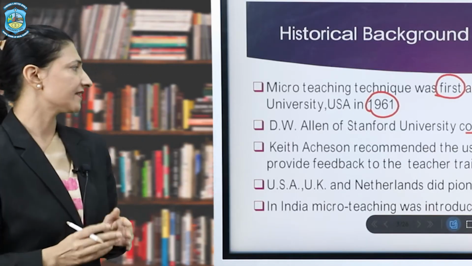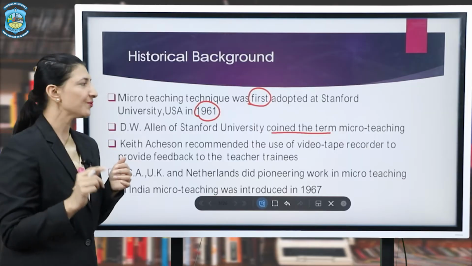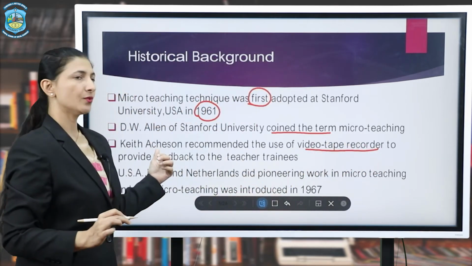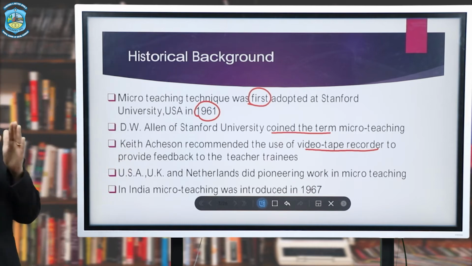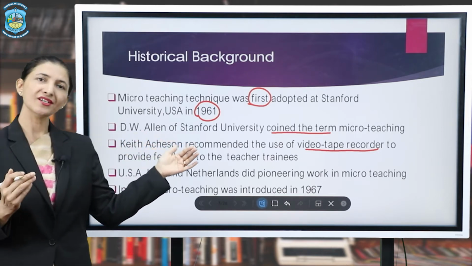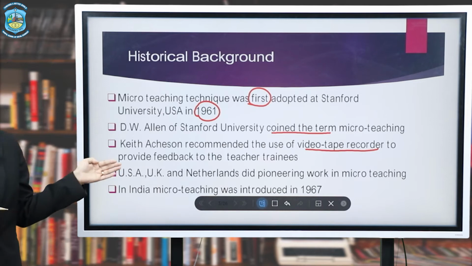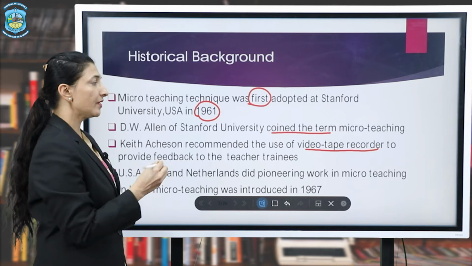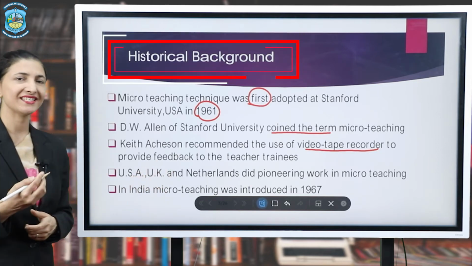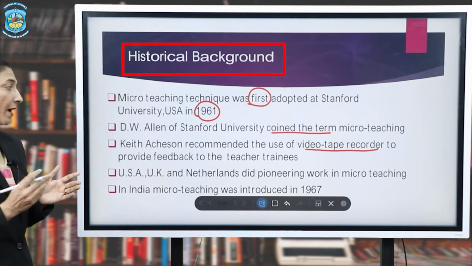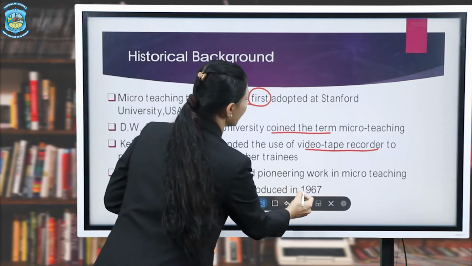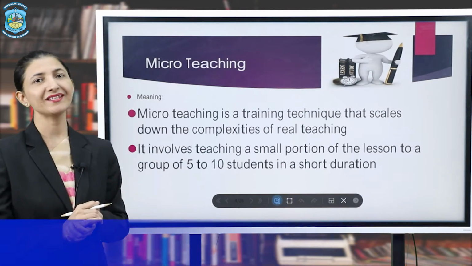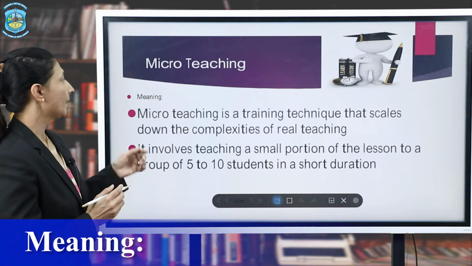Keith Atchison recommended the use of videotape recorder to provide feedback to the teacher trainees. USA, UK and Netherlands did pioneering work in micro-teaching. In India, micro-teaching was introduced in 1967.